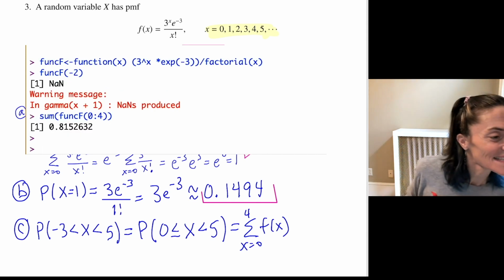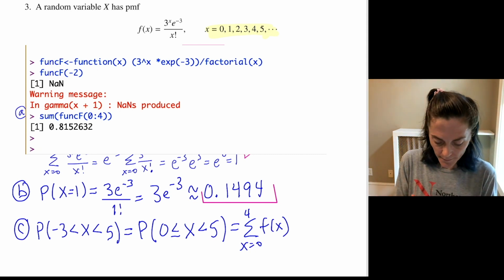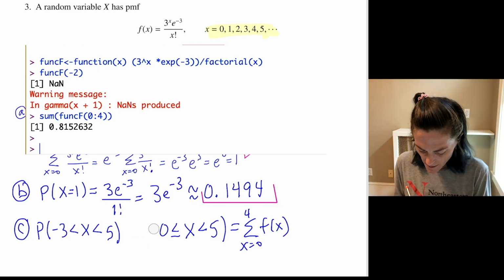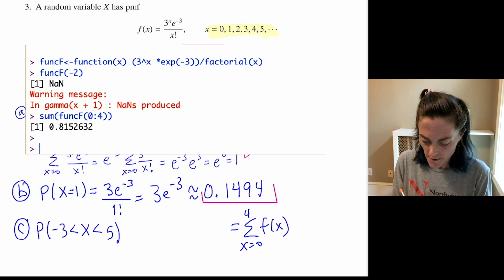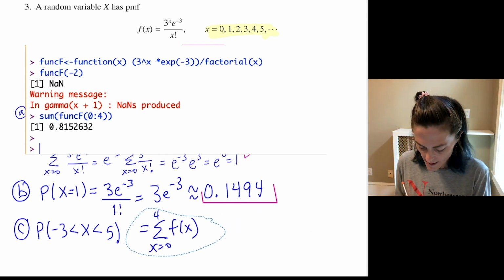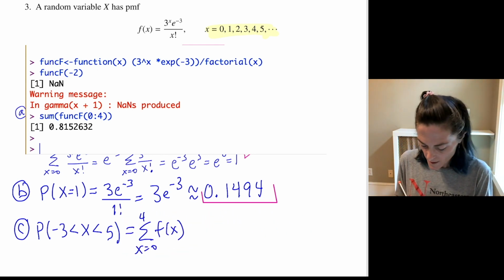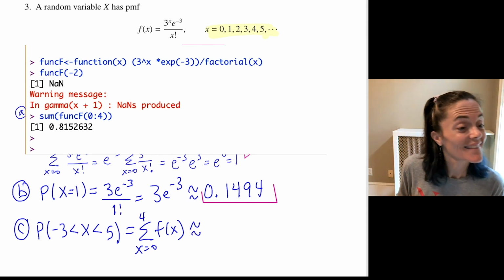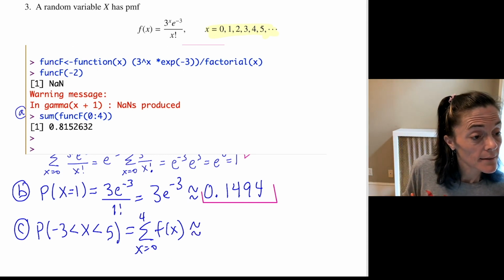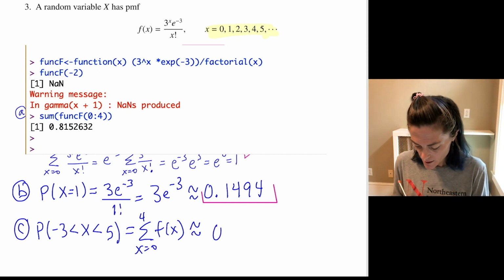Okay, so the answer is approximately 0.8153.